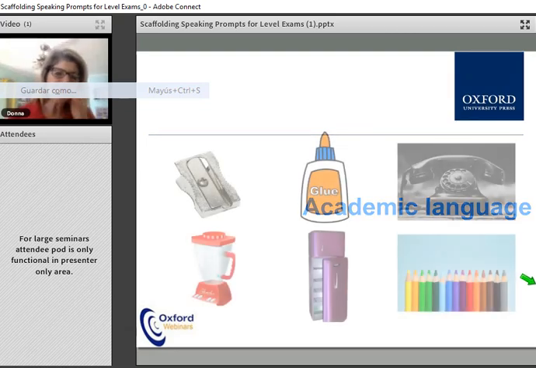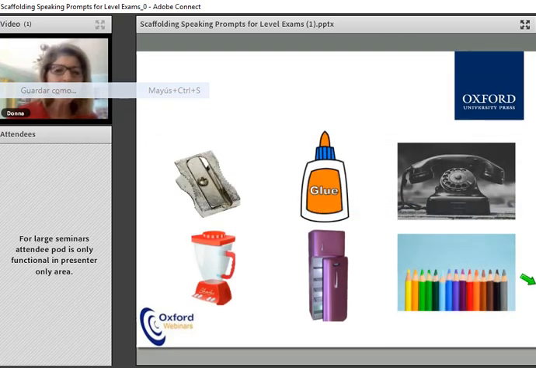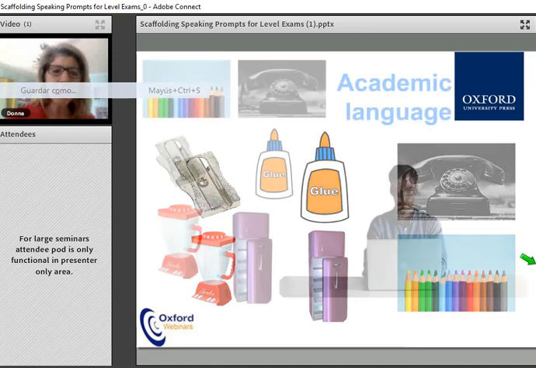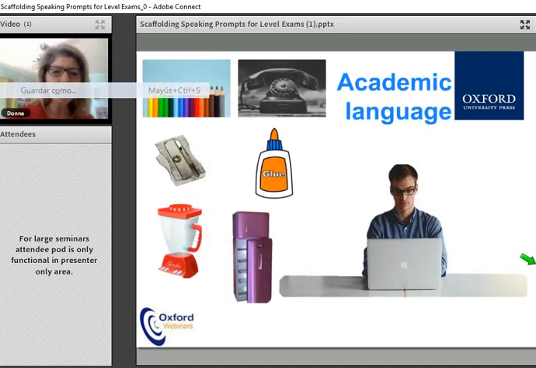All right, so for instance, this activity, if you remember, is a scaffolding activity for them to learn the academic language. It started by saying, the examiner is going to give this main picture, and they're going to put different objects in the picture and have the students explain them.